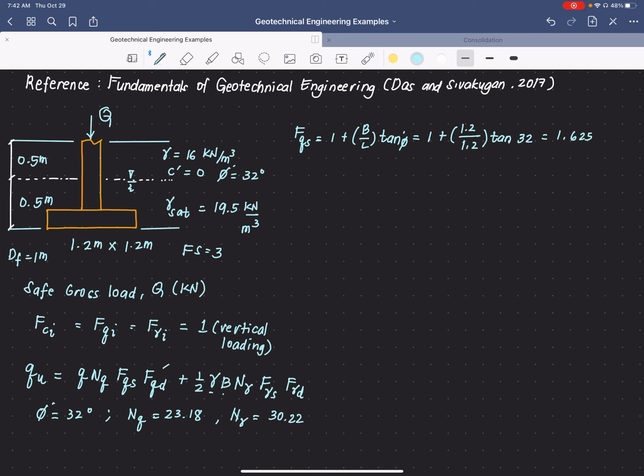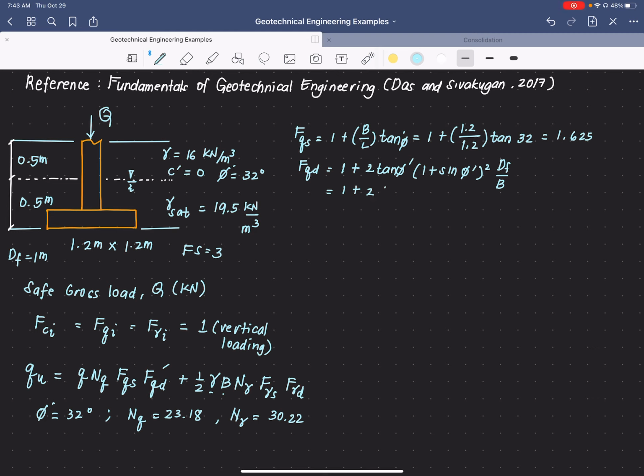Next, we have F sub QD. Our formula is 1 plus 2 tangent phi prime, 1 minus sine phi prime, squared, d sub f over B, and all the terms are known, so we can just plug in the values.